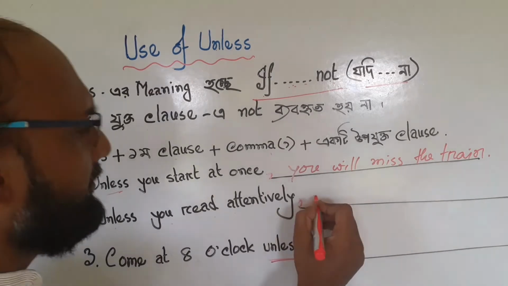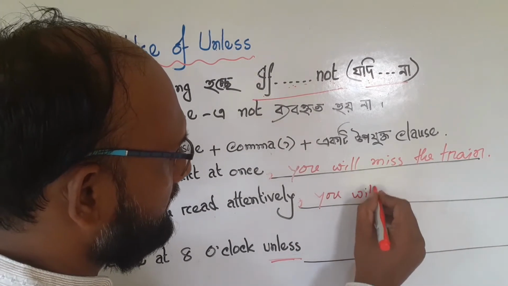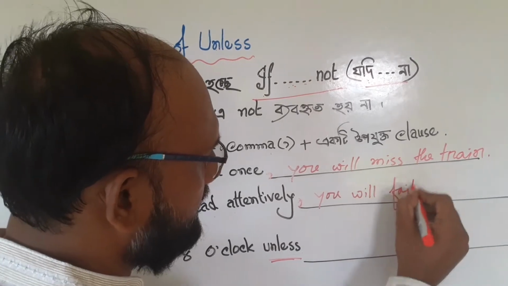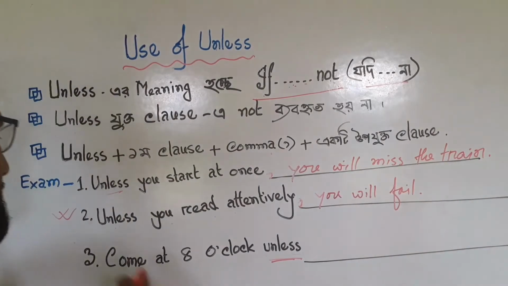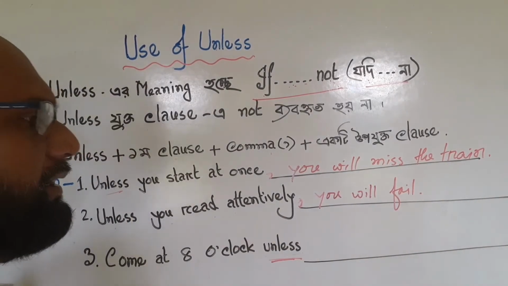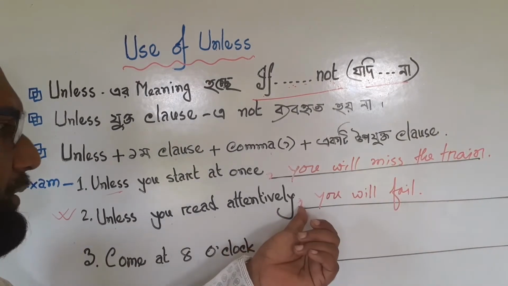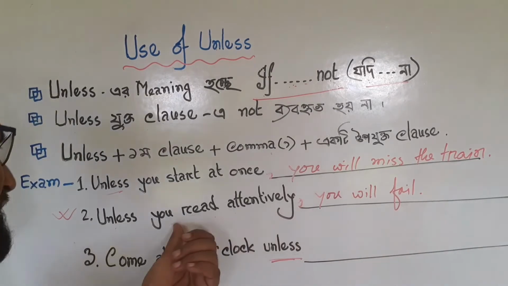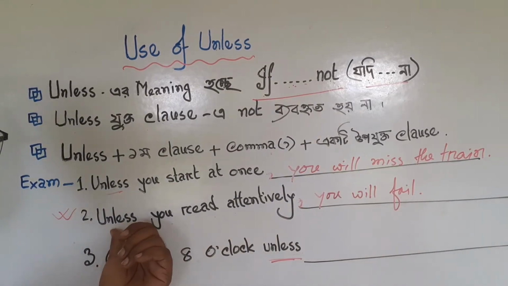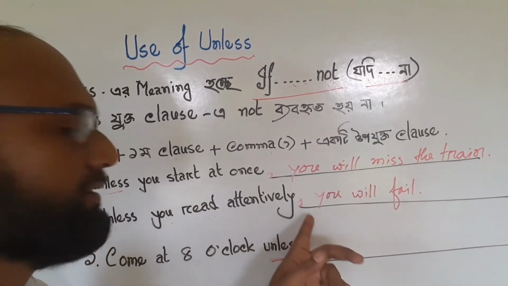Unless you read attentively, you will fail in the exam. We have used a comma here because unless sits at the beginning of the sentence, so we have used a comma between the two sentences.